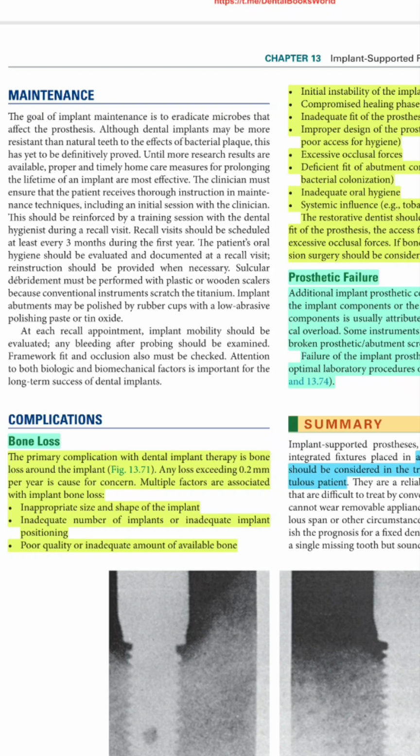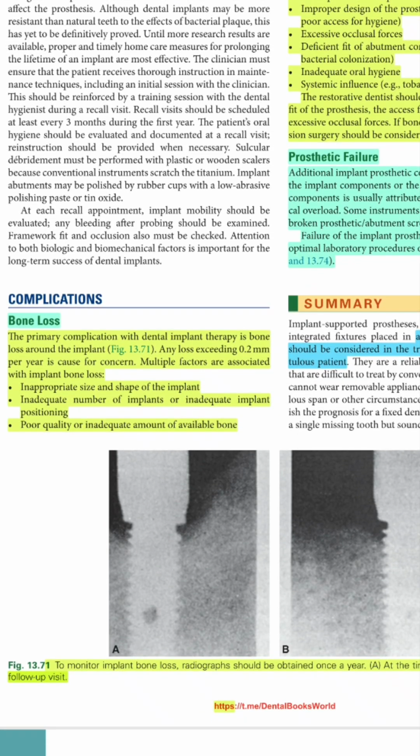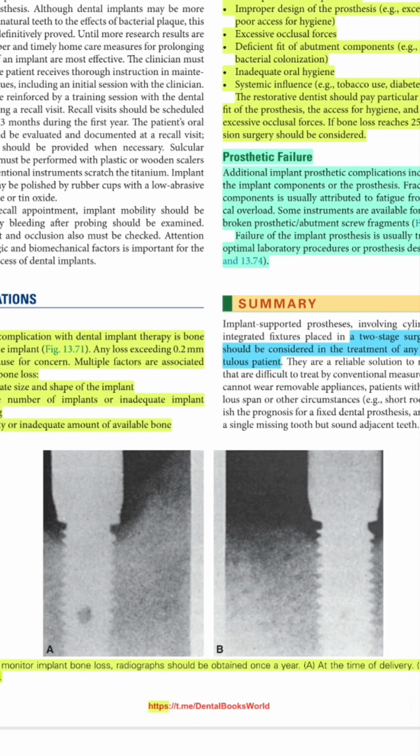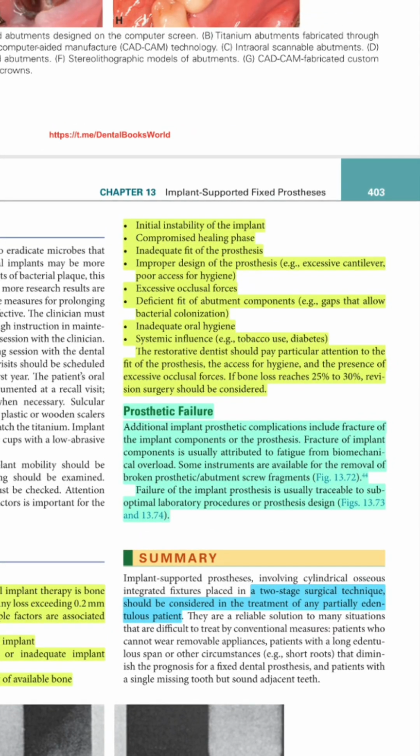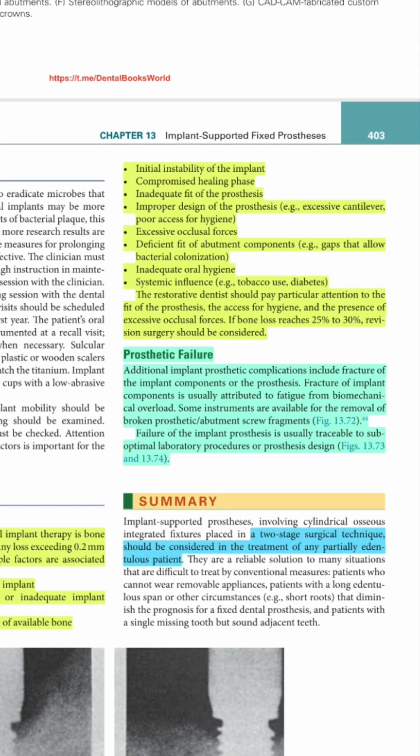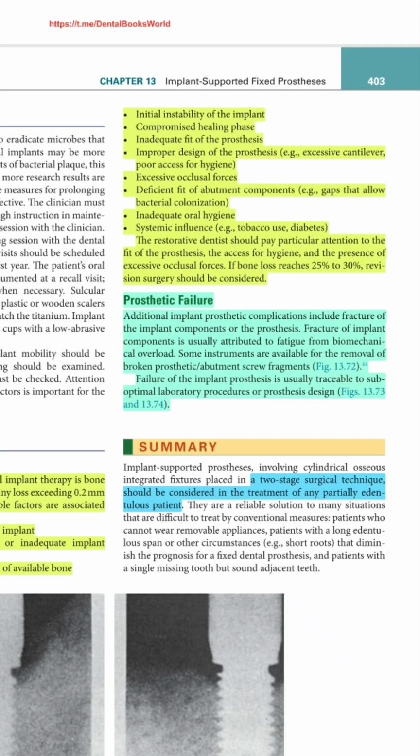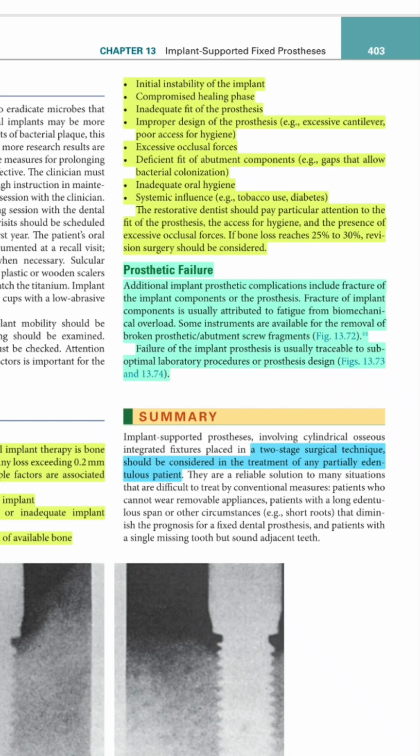If we get more than 2.2 millimeters per year, we must be concerned, and there are several factors that affect the bone loss: inappropriate size and shape of the implant, inadequate number of implants, or poor positioning; poor quality or inadequate amount of available bone; initial instability of the implant; compromised fit of the prosthesis, with improper design of the prosthesis; excessive occlusal forces; and some systemic influences like tobacco and diabetes.